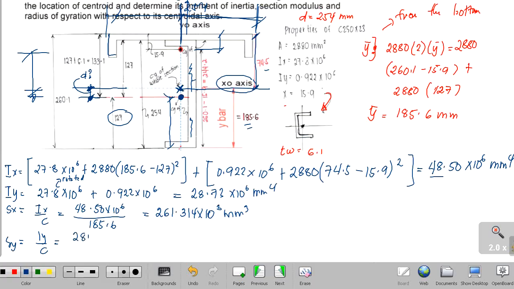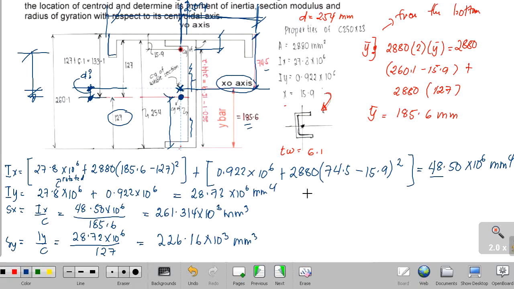That is 28.72 times 10 raised to 6 over 127. The value here is 226.16 times 10 raised to 3 mm cubed. That is for the section modulus with respect to the x and y centroidal axes.